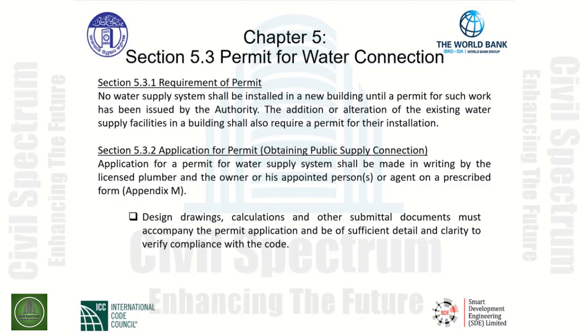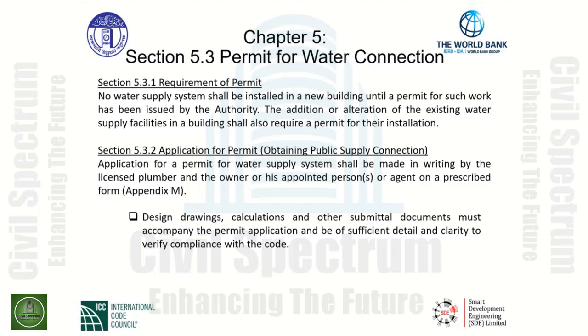It goes on further to indicate that if you are adding on to the water supply system or even altering an existing water supply, there is a requirement for a permit, and it must be issued by the authority.